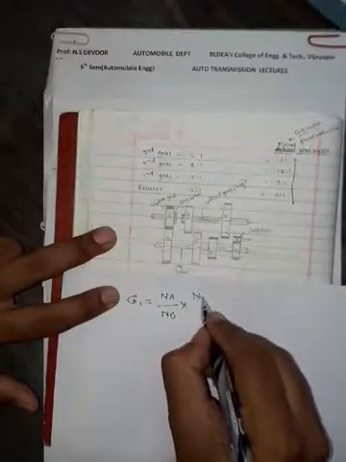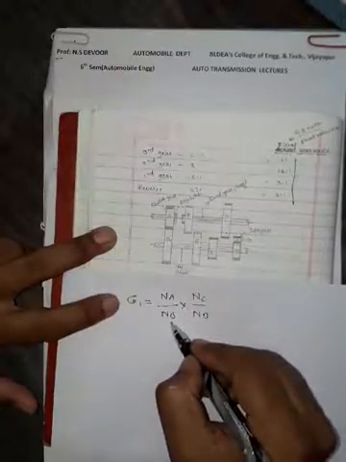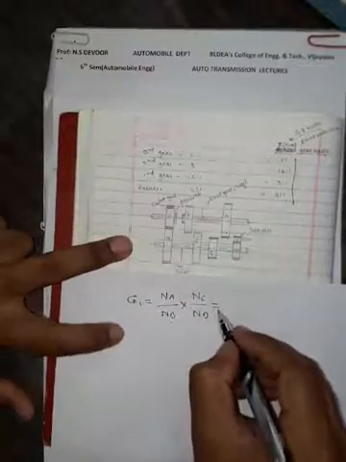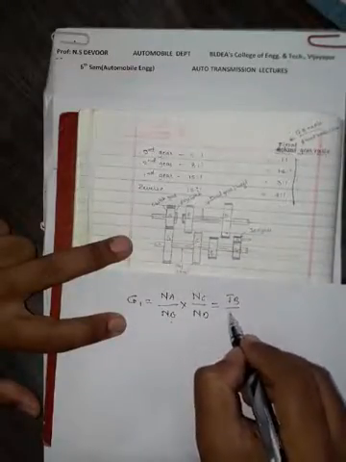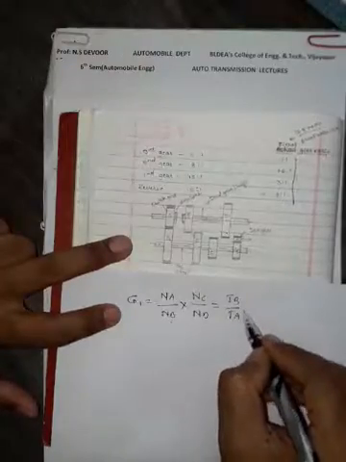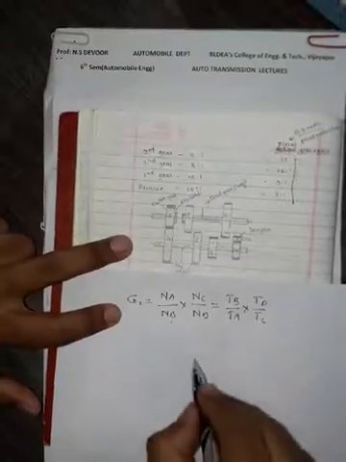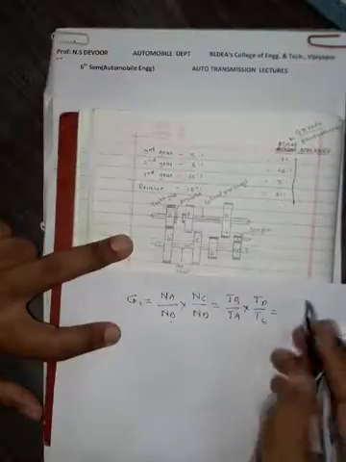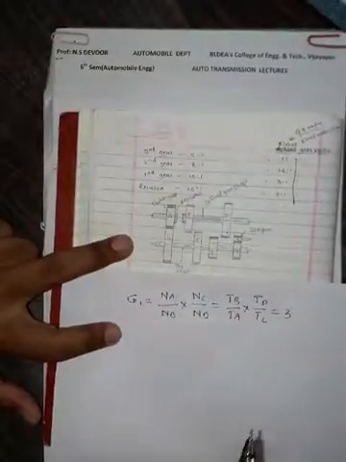So gear ratio is equal to NA by NB into NC by ND, which equals TB by TA into TD by TC, teeth of B divided by teeth of A, into teeth of D divided by teeth of C. Is it clear? And this first gear ratio, what they have given? First gear ratio is 3:1. This is 3, isn't it? First gear ratio is 3.